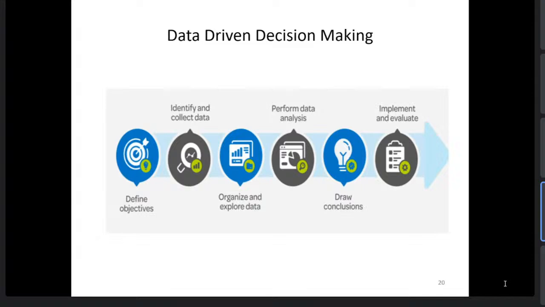Now the next is data-driven decision making in research. First, we define our objectives. After defining the objective, our next work will be the collection of relevant data, not all data.